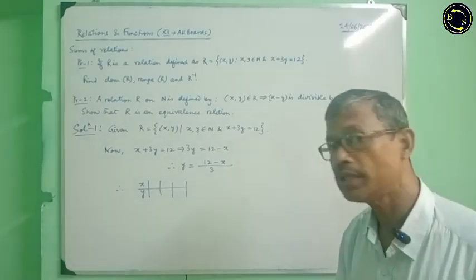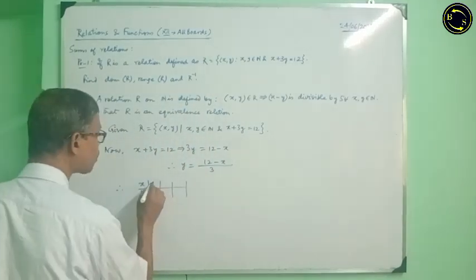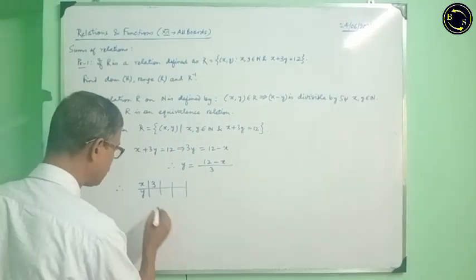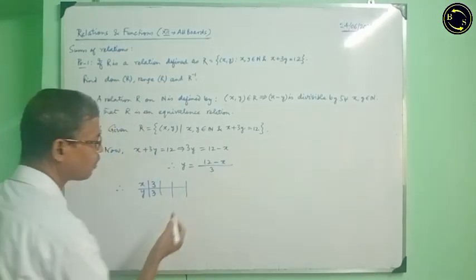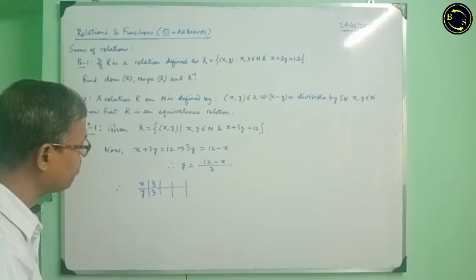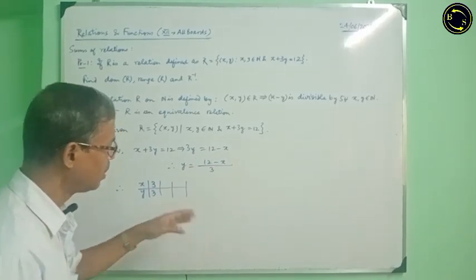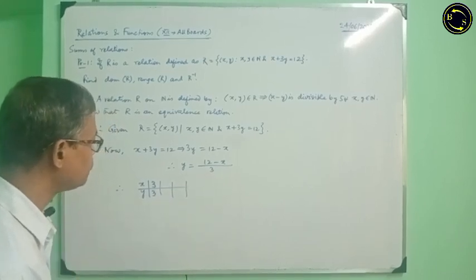Then x equal to 3: 12 minus 3, 9 divided by 3, that is 3. Then for 4, 5, the value will be fraction. We reject those. Then x equal to 6.